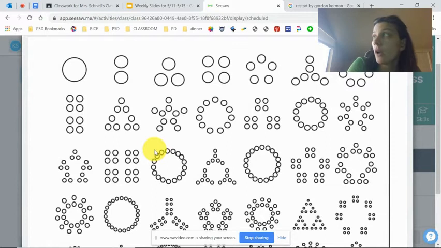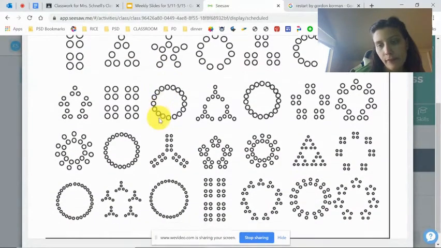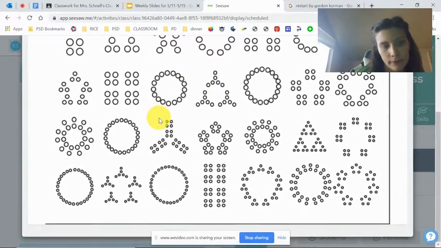So you're going to use this image and think, okay, what patterns do I see? I'm going to look at this image. And the pattern I see is there's 3 dots and they're situated into 5 sections within a circle-like image.